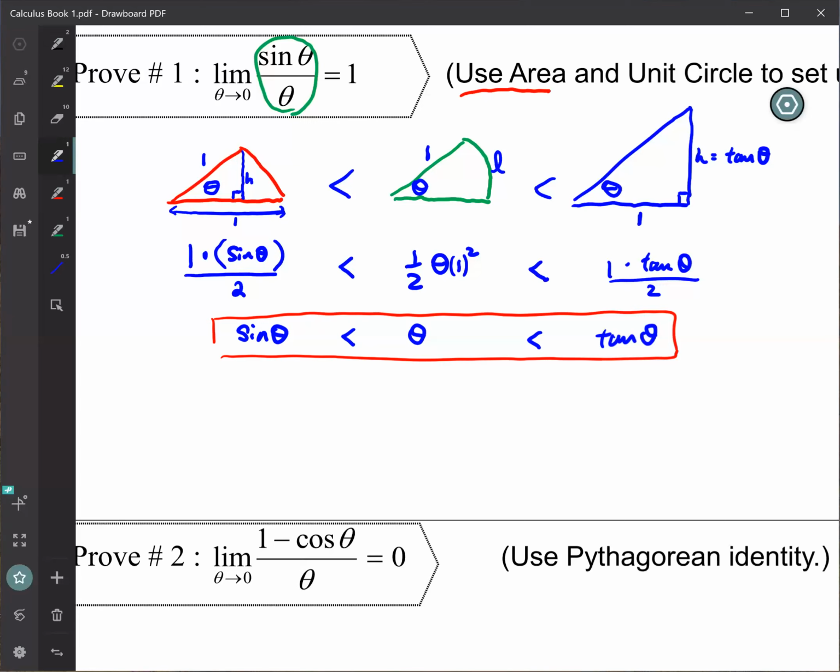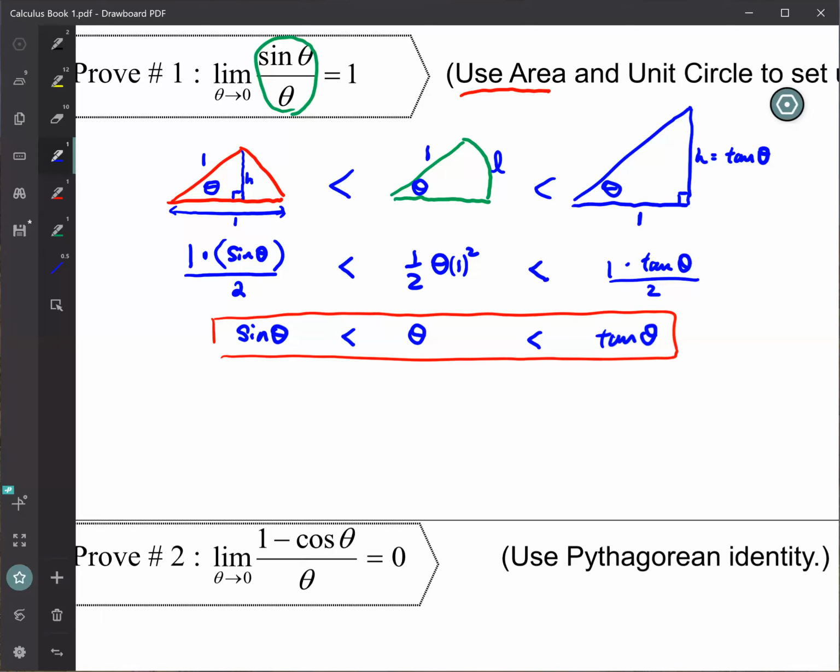So what we can do, right? I'm going to divide everything by sine first. Both sides. Everything divided by sine. So the left side will be, Jeffy, what do you think?